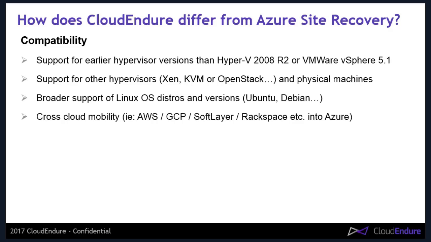With Site Recovery, first of all, since we run at the OS level and are completely agnostic to the infrastructure, we don't run into the limitations of supporting hypervisor versions that are earlier than Hyper-V 2008 R2 on the Windows side, or VMware vSphere 5.1, and any support for other hypervisors, replicating from Xen-based hypervisors or KVM or OpenStack-based hypervisors.